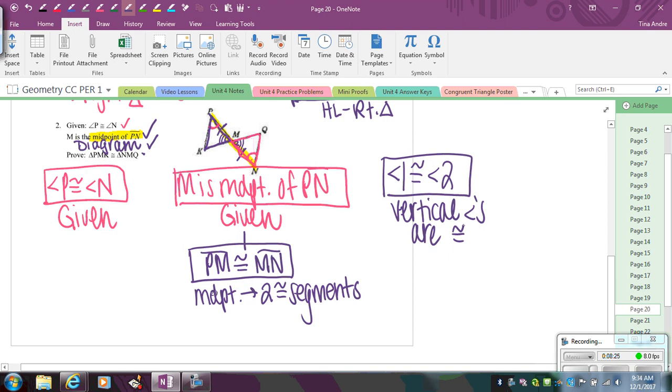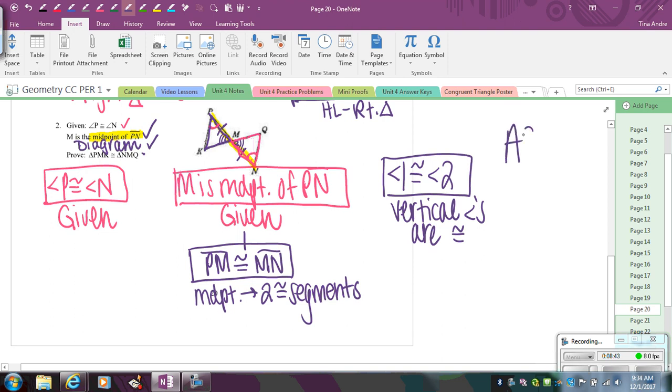And then from here, I need to see, do I have enough information? Just by looking at the picture, I can see that I have two sets of angles and a side included, or the side that's between the two sets of angles, congruent to each other. So that would be angle, side, angle for both of these.